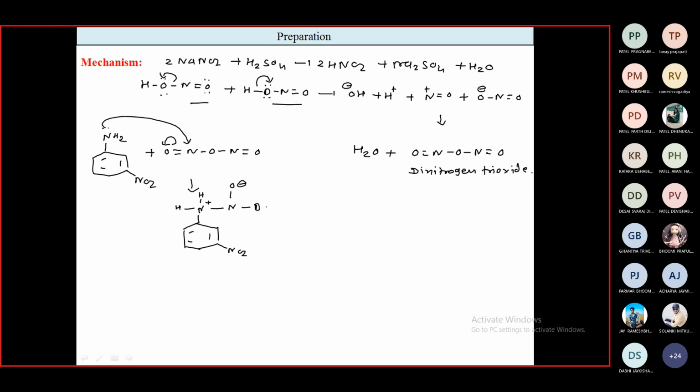N is attached with oxygen, which is in turn attached with another oxygen. Now the next step is removal of NO2. So ultimately NO2 is removed in this way, followed by rearrangement by deprotonation. This proton comes to here.